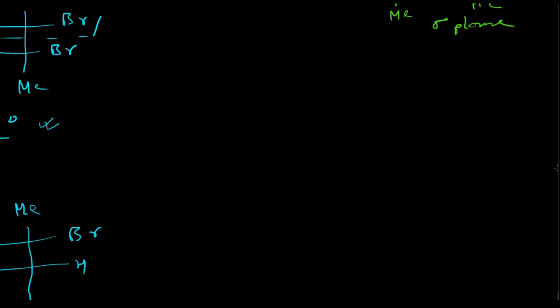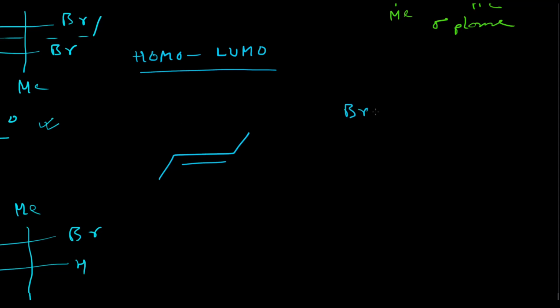If you want to consider the HOMO-LUMO interaction during the reaction, one thing we have to remember is that the nucleophile here is the double bond. Since it is the nucleophile, it is donating one of its electron pairs from its molecular orbital to the electrophile, which is the bromine molecule in our case.